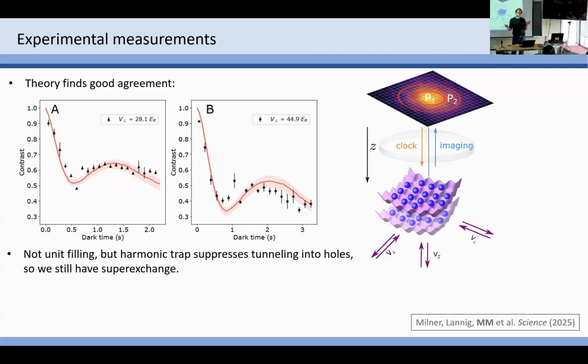Yeah, so in principle, if I didn't have any super exchange interactions, for Ramsey spectroscopy, I precess and acquire a phase, let's say delta t. If I make my laser resonant, make delta as small as possible, basically set it to 0, nothing should happen. So my contrast should start at 1 and should stay at 1 throughout the dark time.